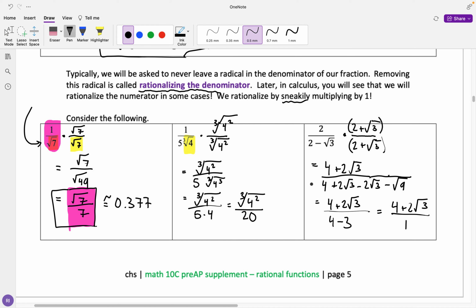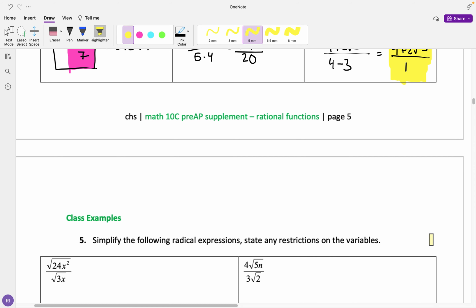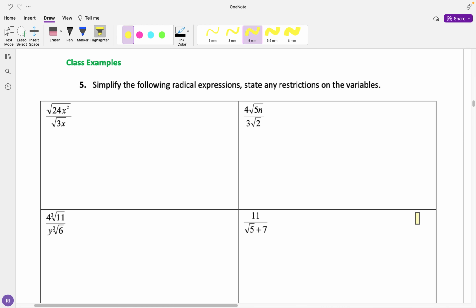So I just end up with 4 plus 2 root 3. And again, just because I find the result is sometimes strange when you compare it to your original expression, to check your work, you should put it in your calculator just to see the decimal approximation. Is 4 plus 2 root 3 equivalent to this expression here? And once you've decided that they are, you can move forward and you're good to go.